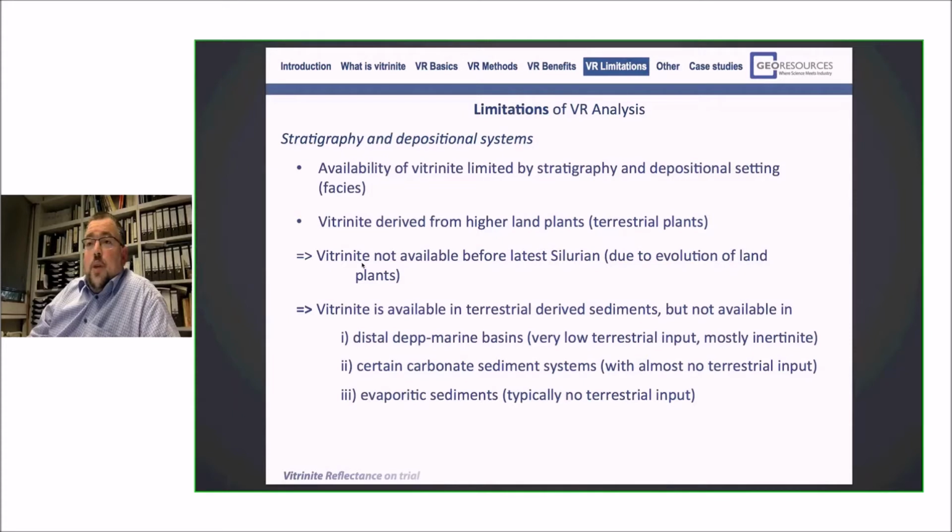So these two are very clearly limiting factors. Apart from these, vitrinite is very, very widespread, is available across almost the entire time scale, and is a very widespread and common material to work with.